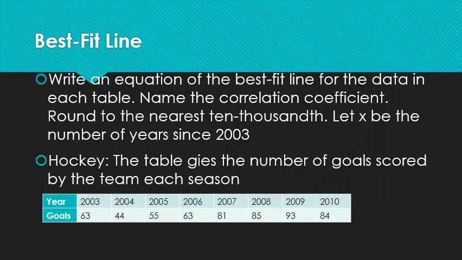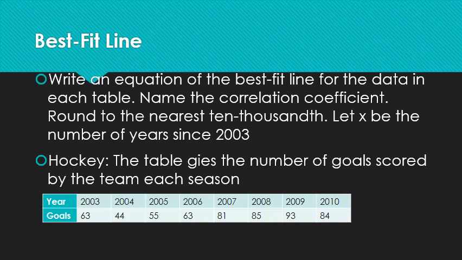All right, so we're learning about how to use our TI-84 to create a scatter plot, and then move forward to getting a regression line or a best fit line along with the correlation coefficient. Now we got a little bit of a different data set.